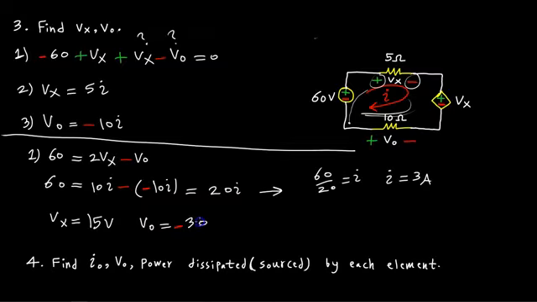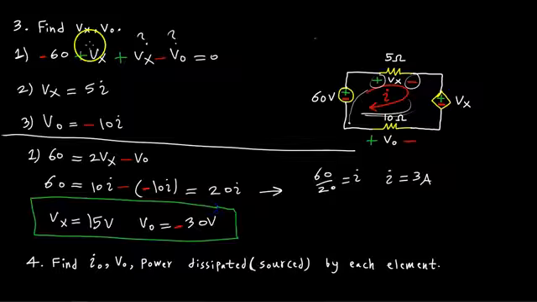And again, I recommend that you go ahead and verify the power dissipated or sourced by each element, and make sure that it satisfies conservation of energy. Let's see, do I have any notes for this one? It looks like things were solved correctly here, so that's good. Okay, let's move on to the next problem.